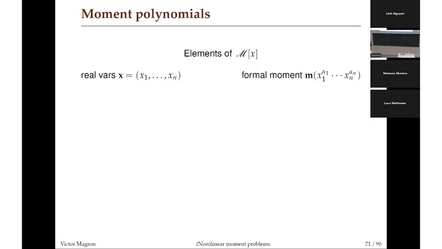A formal moment is just a variable that you introduce. The important thing is that this formal variable, you will evaluate it at a measure. You pick your favorite measure, and then this formal moment variable evaluates to this quantity. So this is a real number, and this is a variable. Okay? Is it clear?